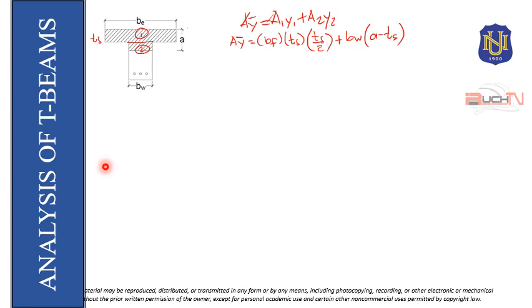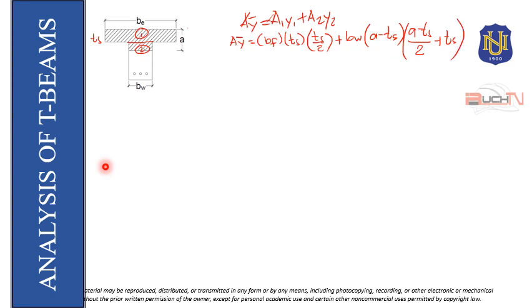So, ibig sabihin, ang centroid nung second area will be a value a minus ts over 2 plus ts.